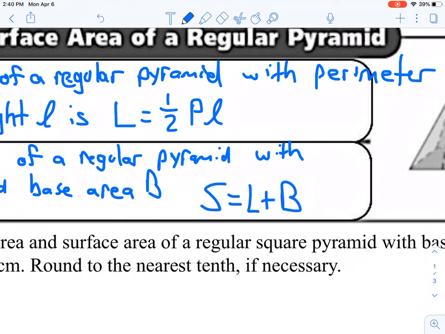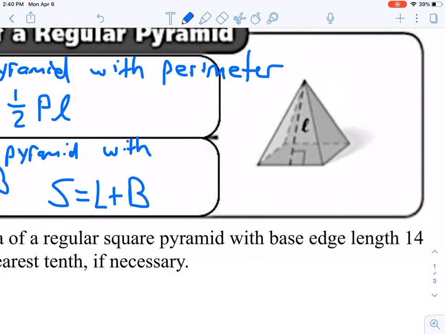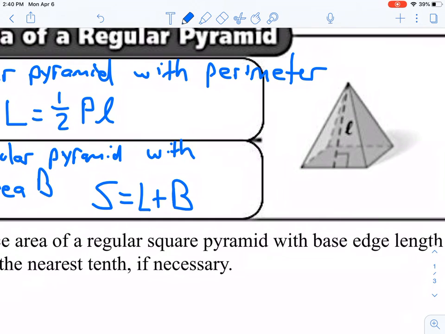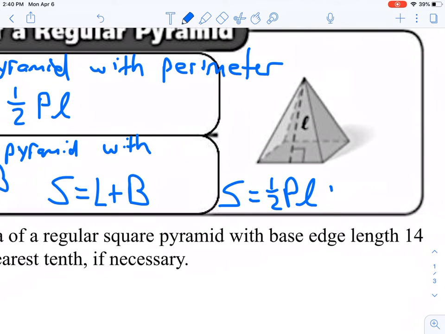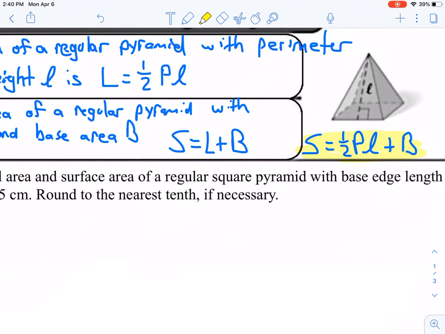Now let's translate that to what we learned about lateral area. That's going to mean that the surface area is going to be equal to 1/2 the perimeter of the base times the slant height plus the area of the base. So that is going to be the formula that we need to find the surface area for a regular pyramid.